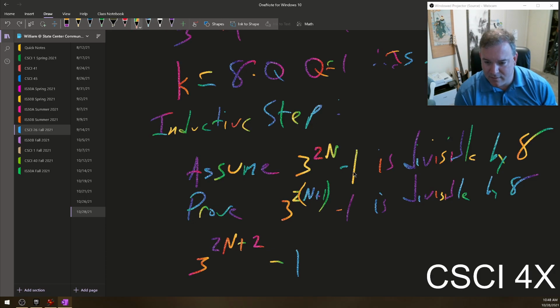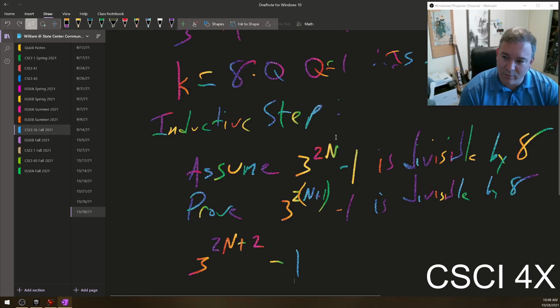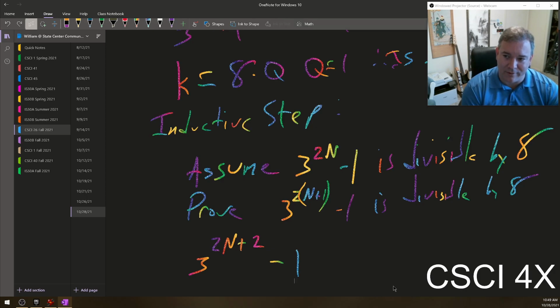What is the only move we can make here in algebra? Do you remember how exponents work? If you add 2 exponents together, what happens? Because remember, whenever you do induction, you're trying to get it to look like the previous thing here. Once you can get it to look like the previous thing, then you're basically golden.